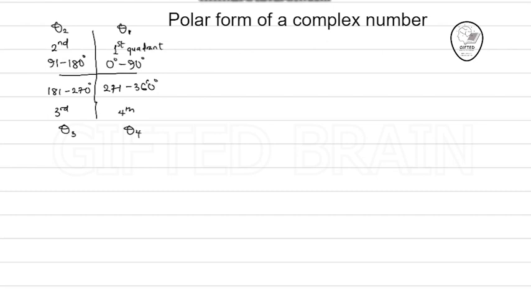Now, there's an easy conversion between the first quadrant and the other quadrants. I'm looking at converting from second, third, fourth to first quadrant, or from first quadrant to those angles.